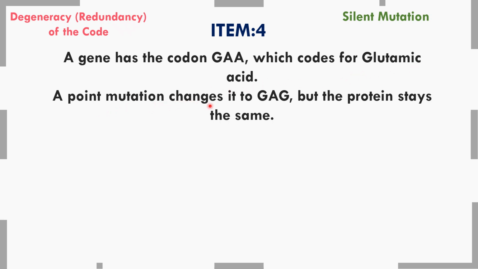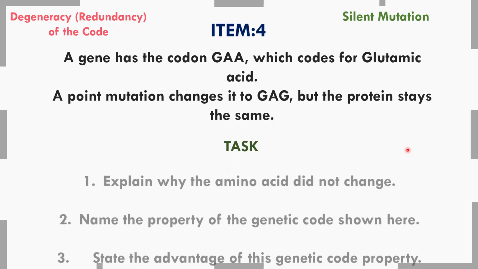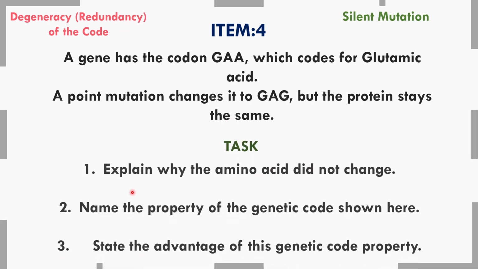A point mutation changes it to GAG, but the protein stays the same. Task: explain why the amino acid did not change. Name the property of the genetic code shown here. State the advantage of this genetic code property.